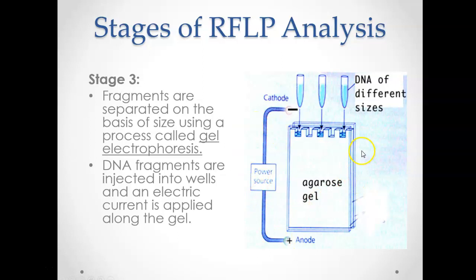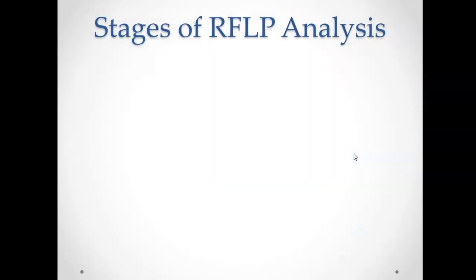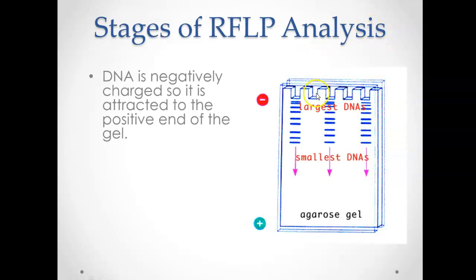As it turns out, DNA is attracted to that electricity. DNA is negatively charged, and it's attracted to the positive charge. So these fragments of DNA are going to begin to move towards it. The smaller the fragments are, the farther they travel, and the larger the fragments are, they stay at the top.